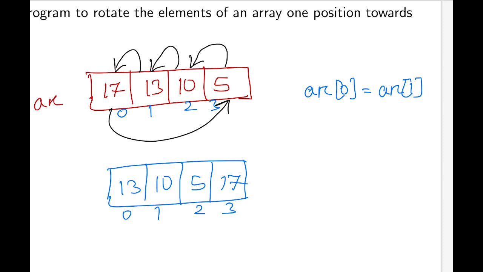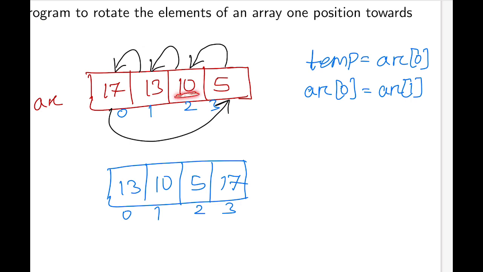So we can take a temporary variable and write temp equal to ar[0]. Now we are storing the value of ar[0], that is 17, in the variable temp. So here we are storing 17.